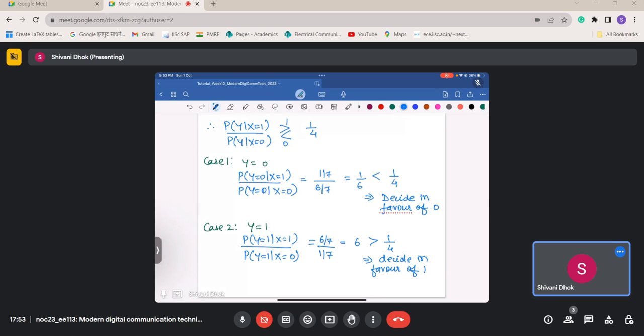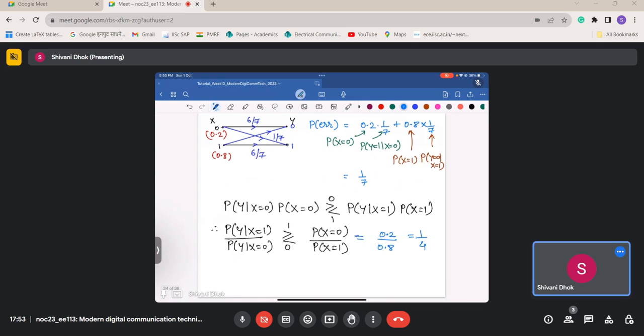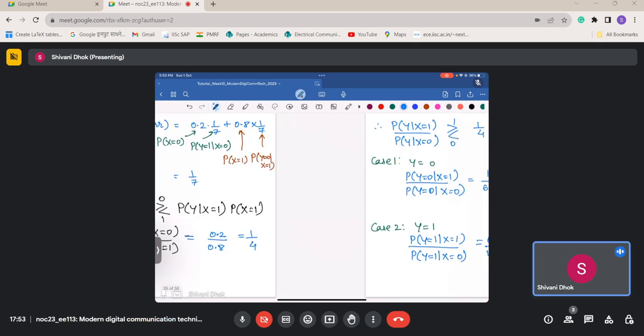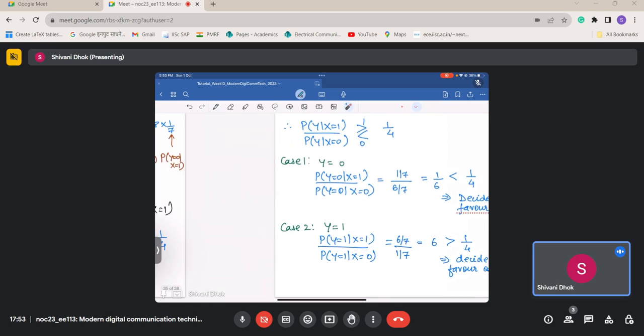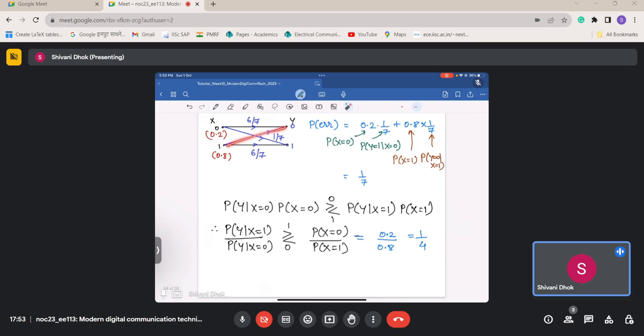Now suppose this 6 by 7 and 1 by 7 are interchanged. Then these ratios will be flipped. If this thing is 6 by 7, that means we are more likely to make an error compared to having a correct decision.